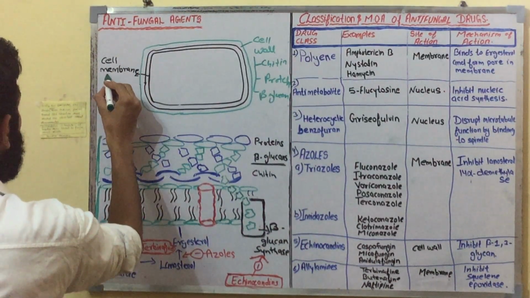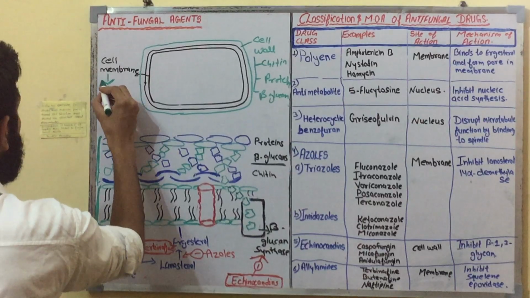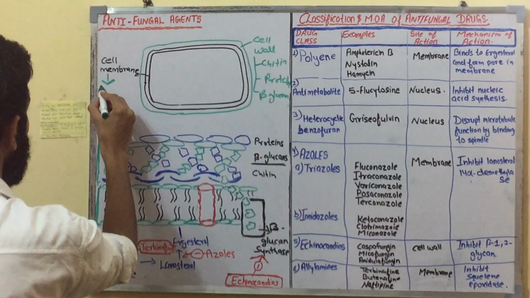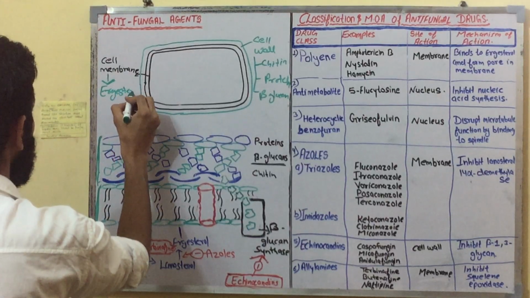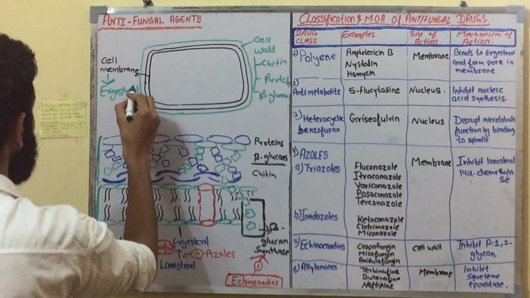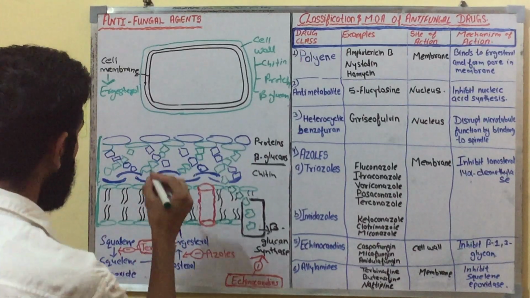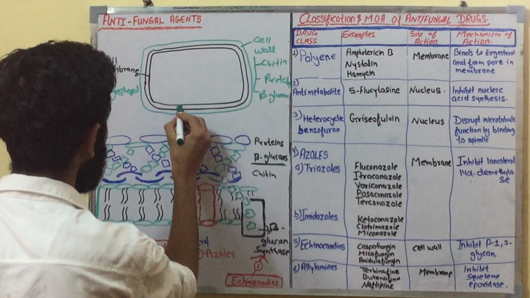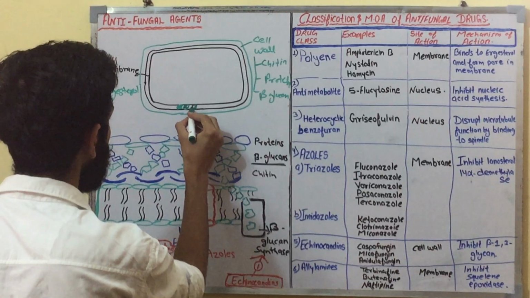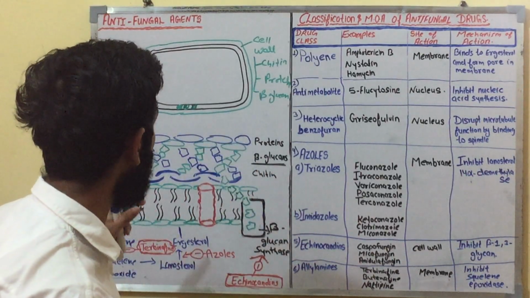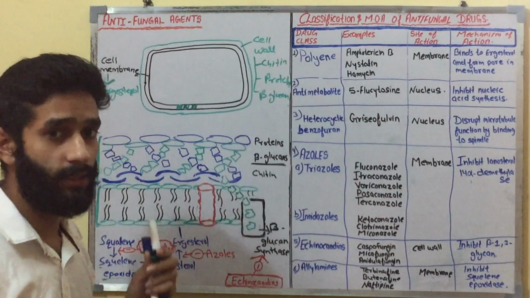Now the cell membrane. The cell membrane is made of one important component that is known as ergosterol. Suppose that this is the ergosterol which makes the cell membrane of the fungus. Let's discuss how ergosterol is synthesized.